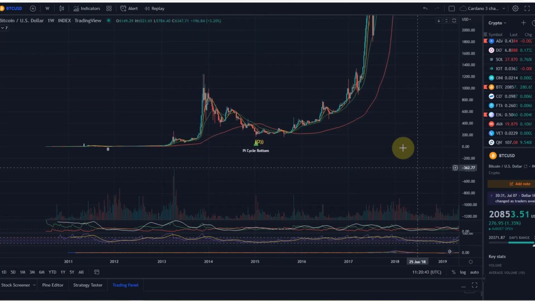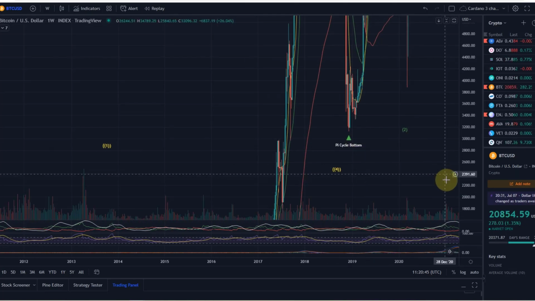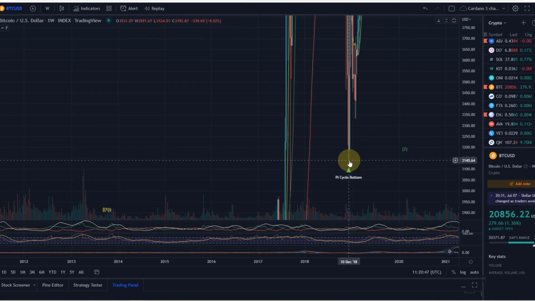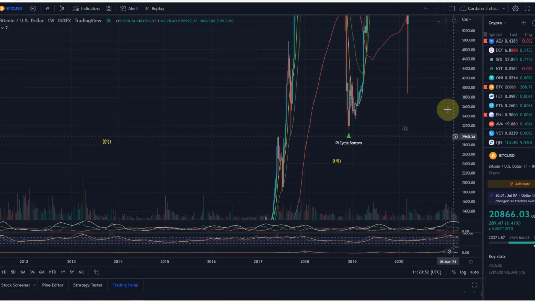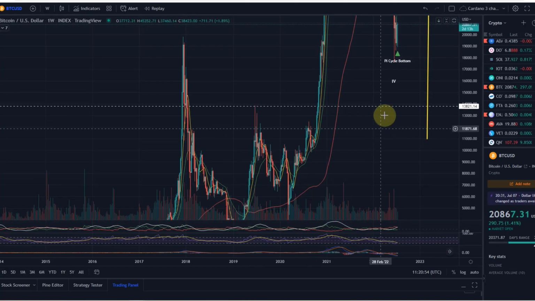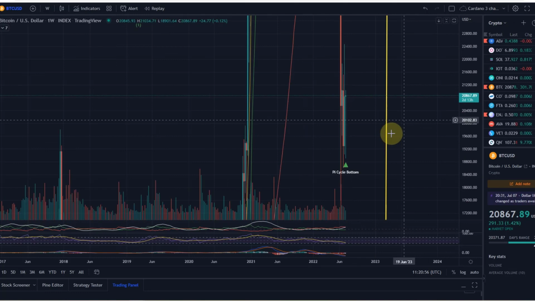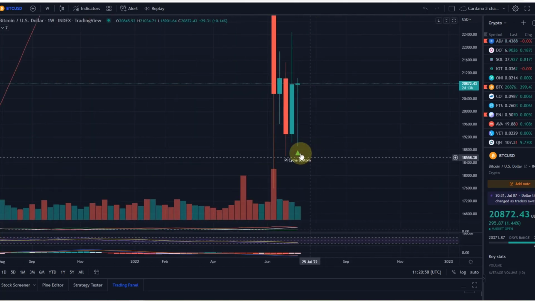Then if we go further, this also flagged the low in December 2018. And it has flashed again just a few days ago, interestingly, exactly here on the 11th of July.